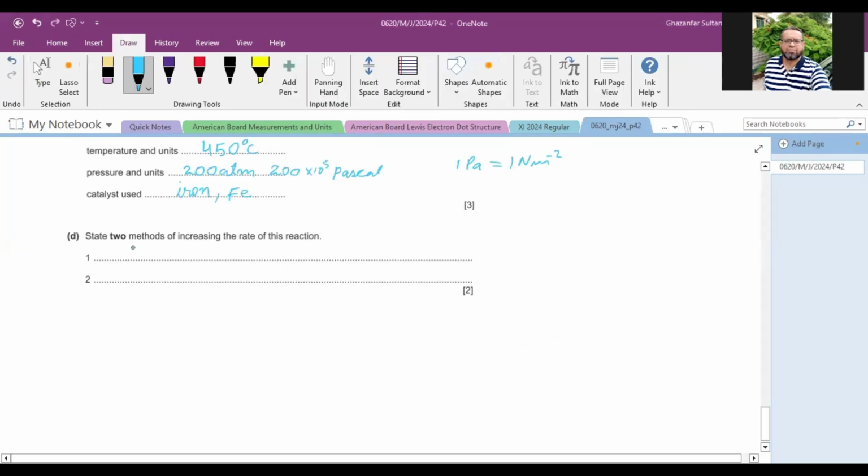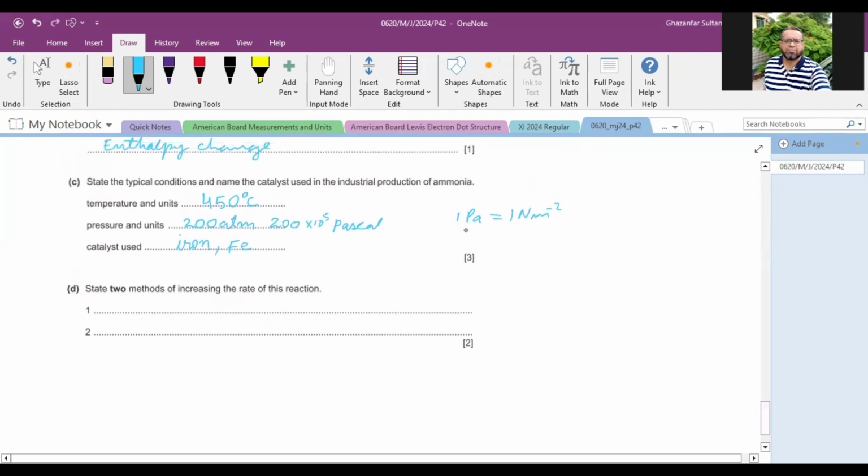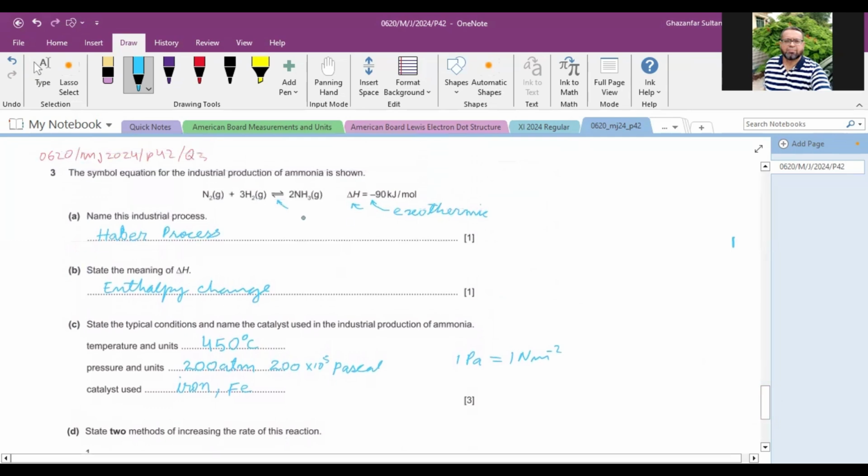Now part D says state two methods of increasing the rate of reaction. They're asking to increase the rate of reaction. They're not asking for equilibrium shift. Students are generally confused about this when they consider that this is related to chemical equilibrium.